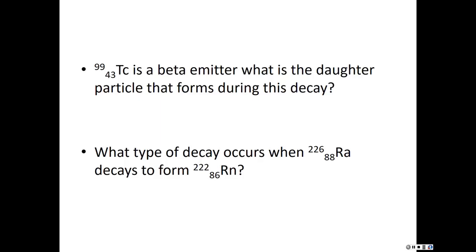Actually, let me change one. I don't like the element. I'd rather have isotope there. Okay. What isotope will decay to form chlorine-40 through gamma decay? So on your paper, write out an equation for this.